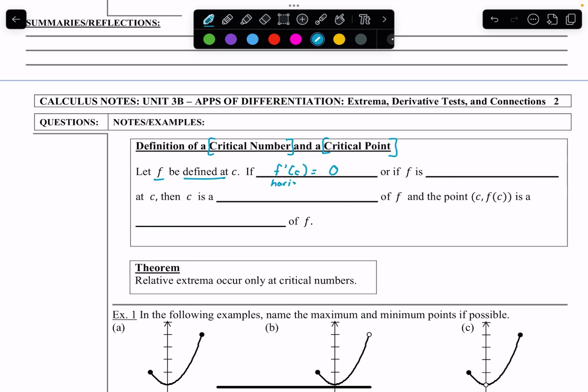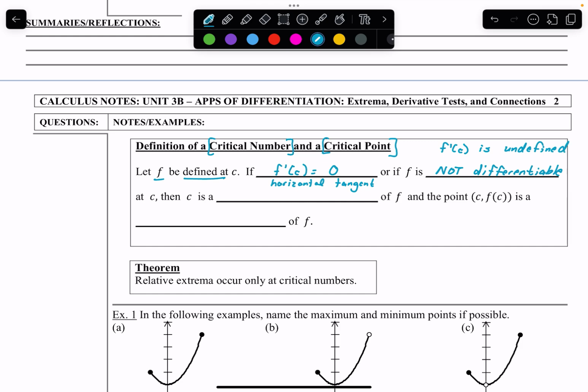That's going to be a horizontal tangent. And we've done that analysis quite a bit. Or f could be not differentiable. And another way to think about f not being differentiable is to think about f prime of c is undefined.